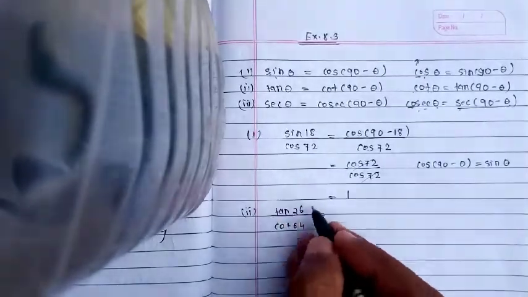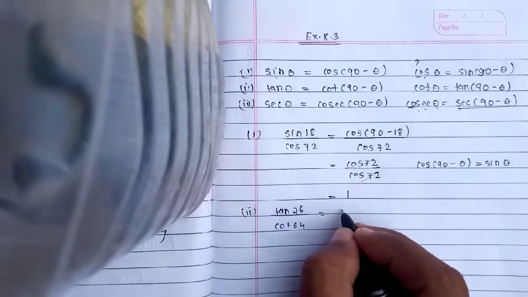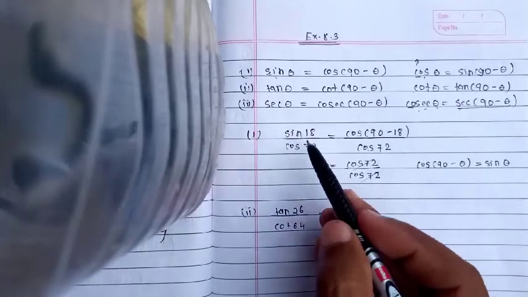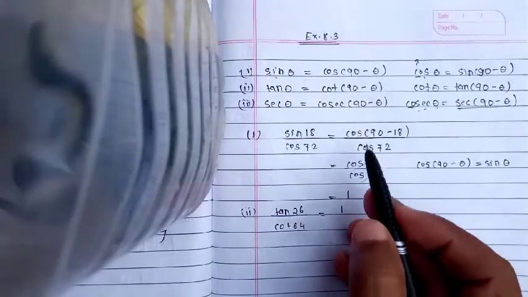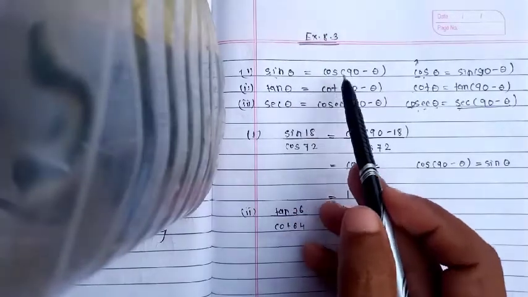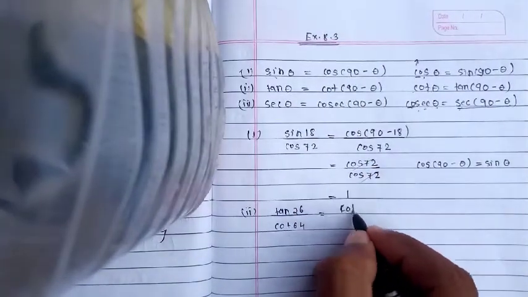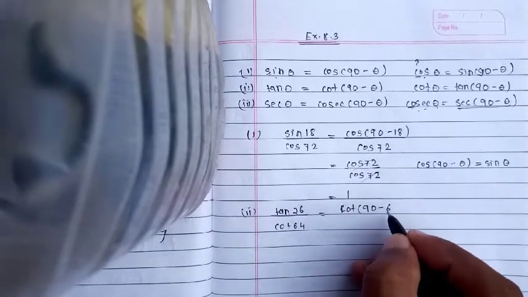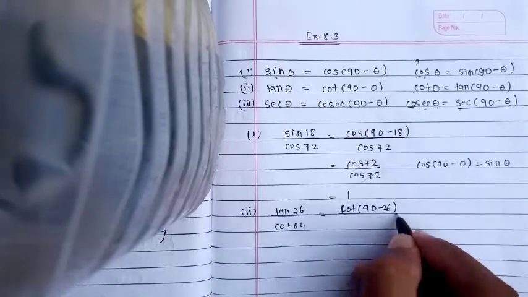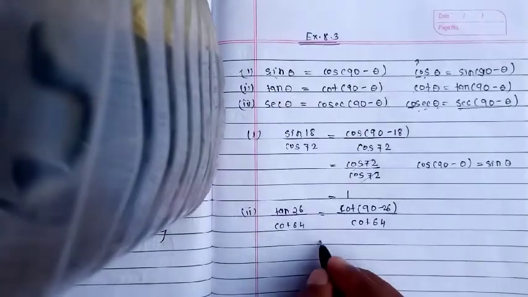So tan 26 you can write as cot of 90 minus 26, upon cot 64.